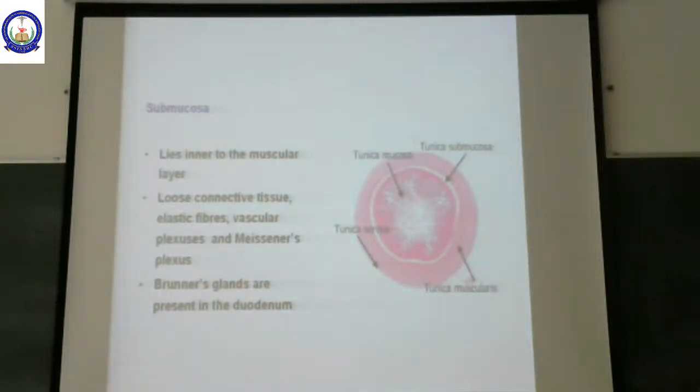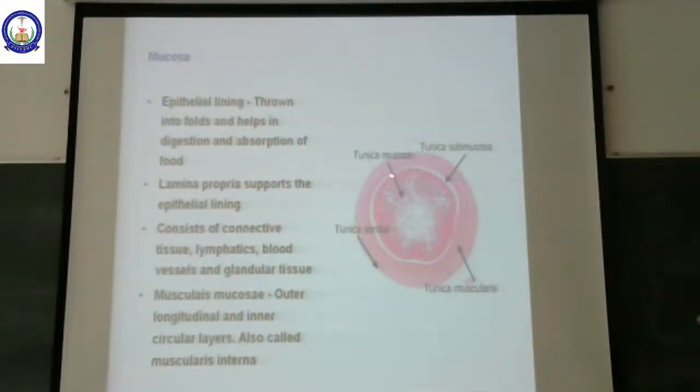The myenteric plexus is present in the muscularis layer, whereas the submucosal plexus is present in the submucosa. Some digestive glands which help in the secretion of juice, Brunner's glands, are also present in the duodenum, especially in the submucosa.